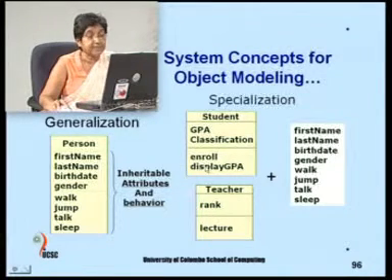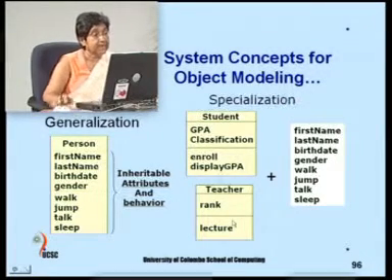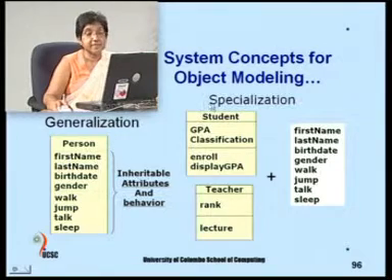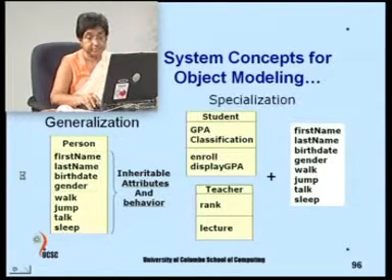Enrolling and display GPA can be only done by the student, not by the teacher. So, basic idea of generalization, specialization within the same class, you can have specialties and what can be inherited by the subtypes from the supertypes.